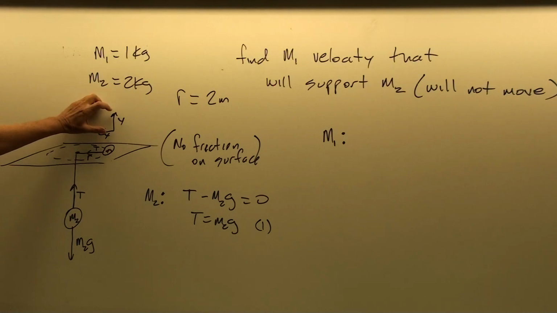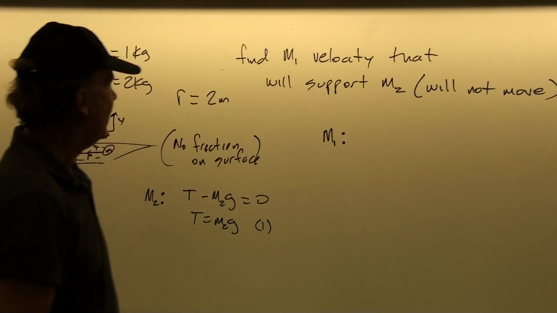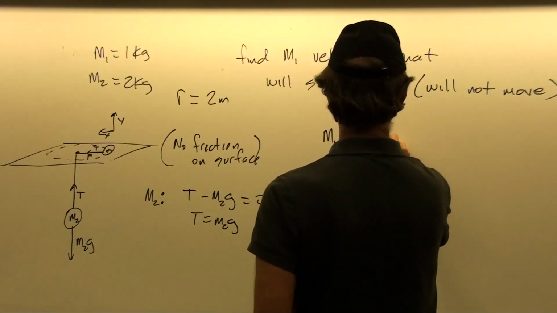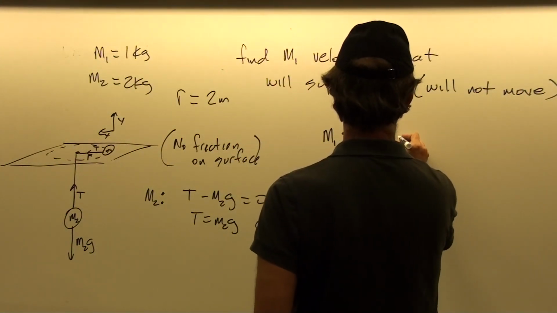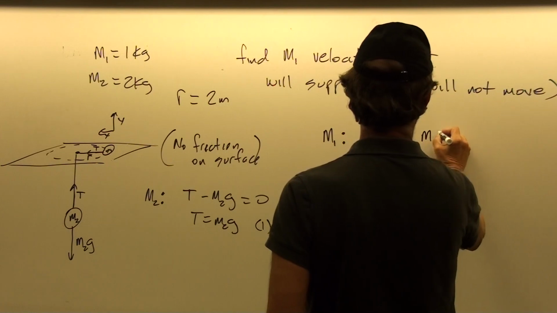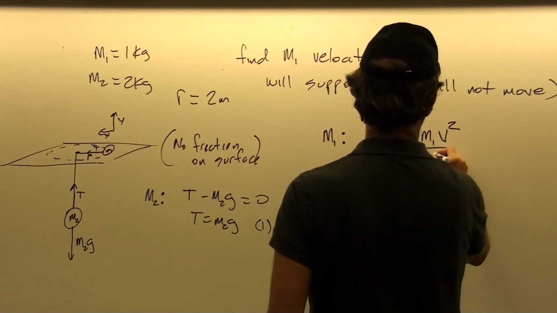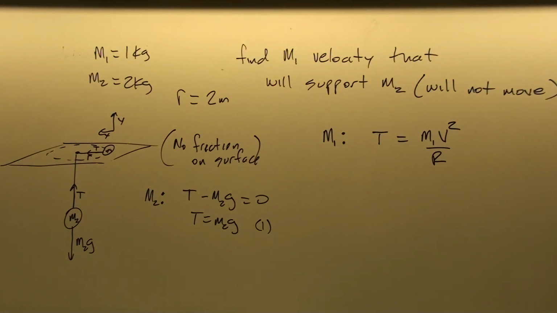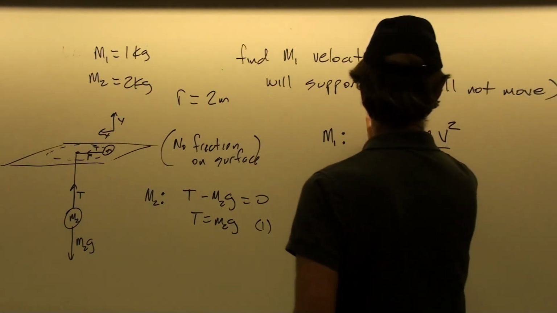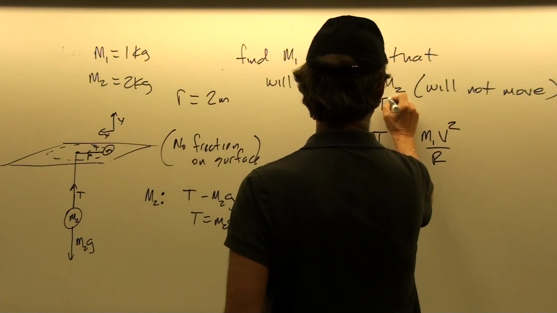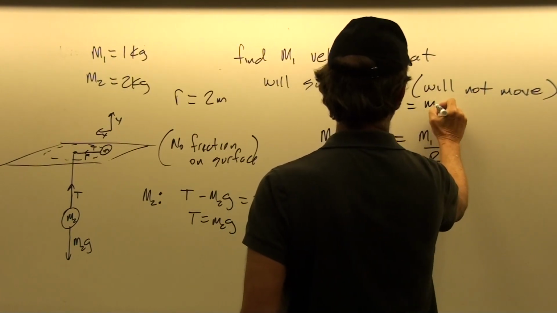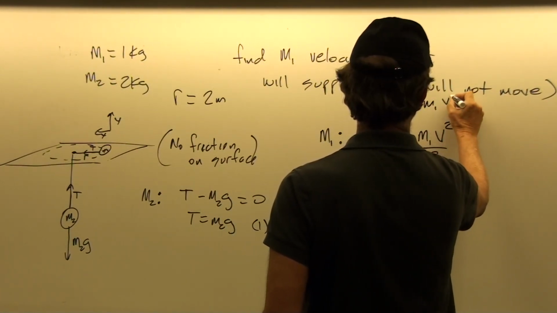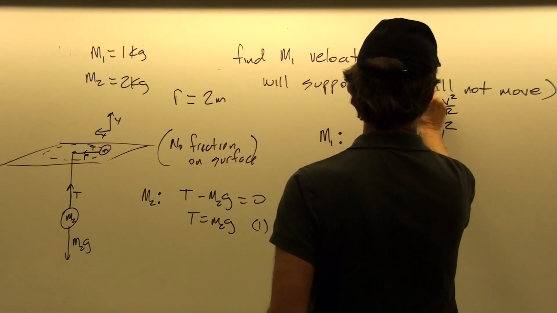We're not too concerned about the y-axis here because there's no friction in the problem. And so we can just say that the tension force, our centripetal force, equals M1 V squared over R. Okay, and that's just the sum of the x forces, and there's only one in this case, M1 times A, where A is V squared over R.